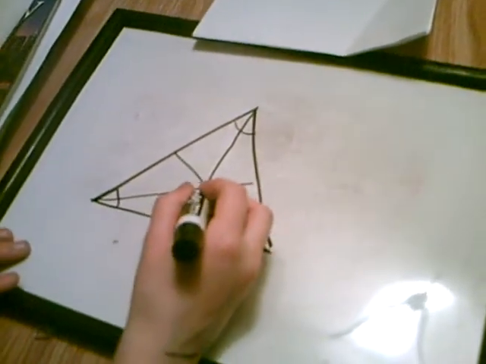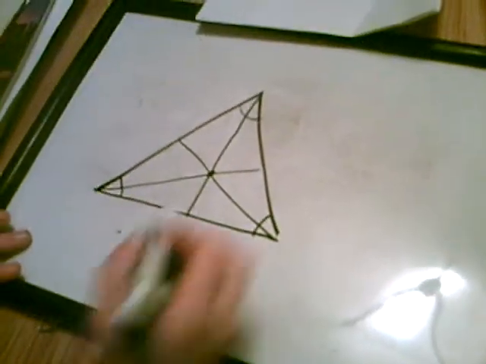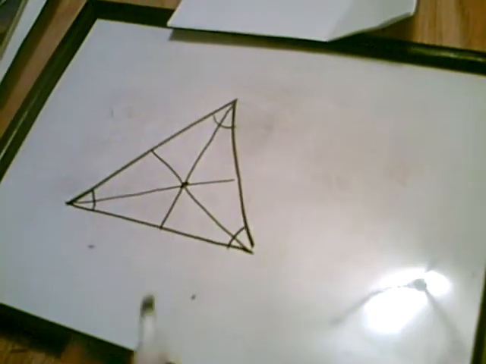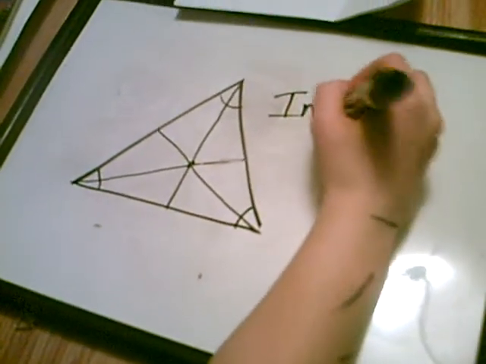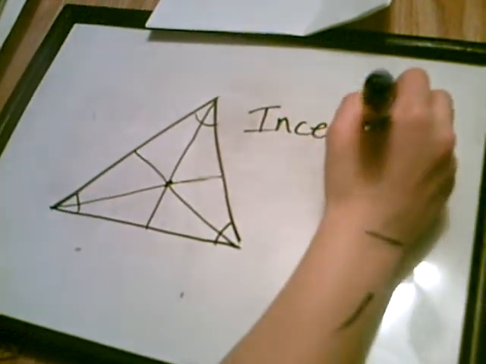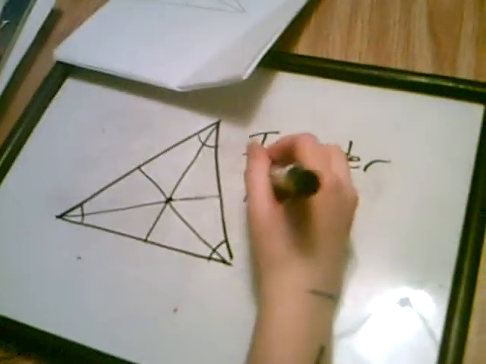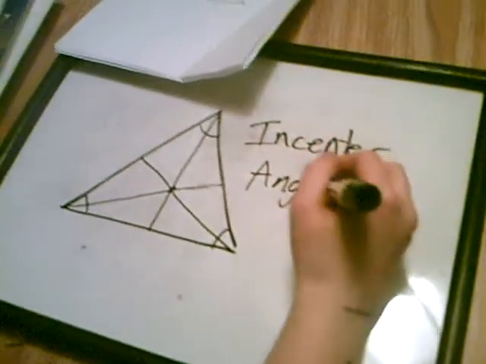They should be concurrent at this point, meaning that the three lines should meet at one point, and we call that the incenter. And here's a nice fancy picture of it where I actually constructed it for you with the compass and stuff.